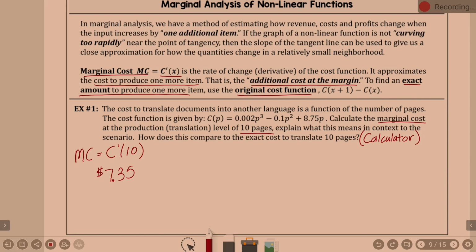How can we find the exact cost to produce one more item? Well, to find the exact cost to produce one more item, do right here, C of x plus 1 minus C of x, which is doing C of 11 minus C of 10. So it's C of 11 minus C of 10.